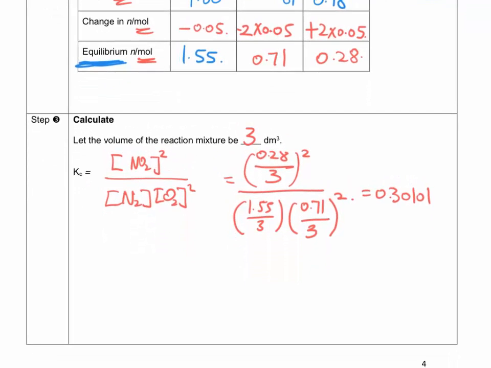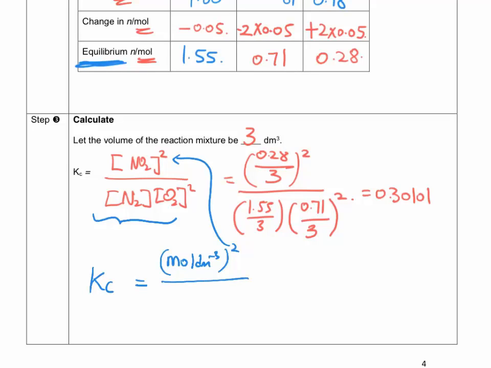But you see, this is only the value. You need to find out the units. So how do we find the units? Now, for those students who learned physics before, you can know the unit conversion very easily. But for those of you who are not sure, let me show you exactly how we do it. So for now, we will treat this as a mathematical equation. What do I mean? Very simple. Kc units is equal to concentration, the unit is mole per dm³. Then you square it because you will tally to the square here.